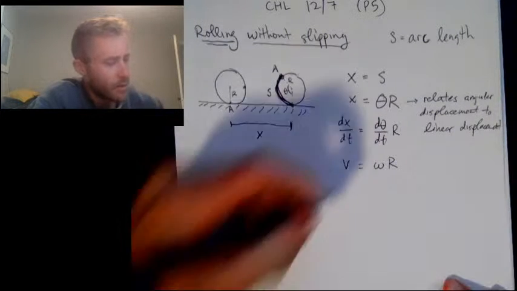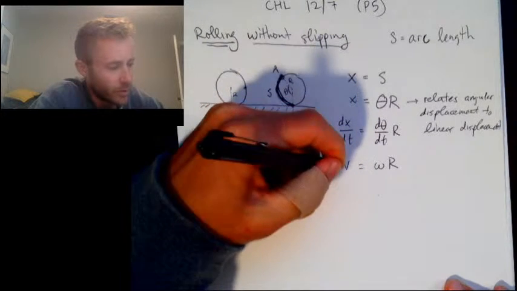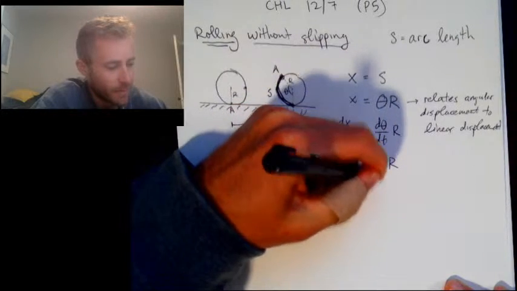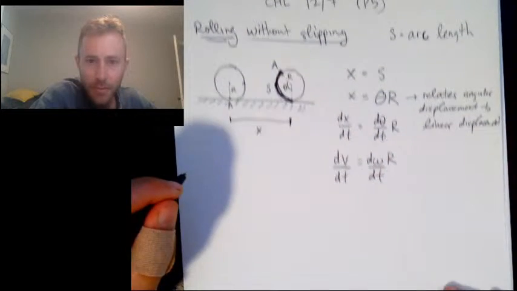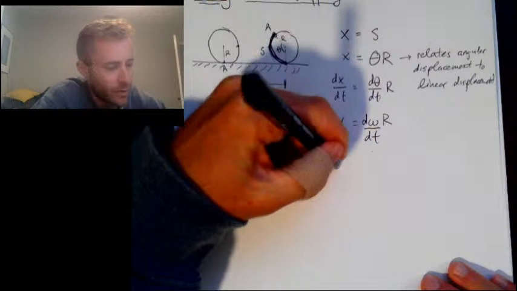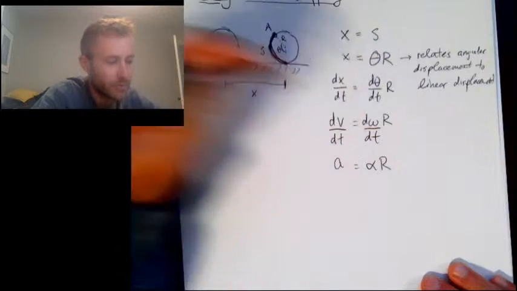Then we take the derivative again, the derivative of the velocity with respect to time. On the left-hand side, we have linear acceleration, and on the right-hand side, we have angular acceleration.